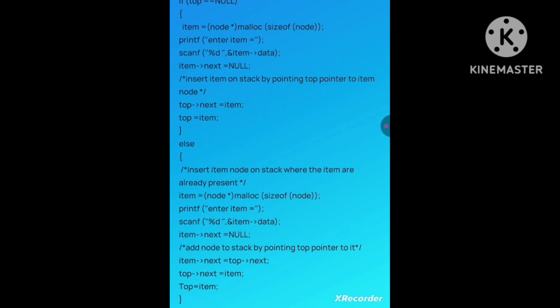So in this way the push function is recursively called till all the item nodes are inserted onto the stack, and in this way our programming code of stack using linked list will be performed.